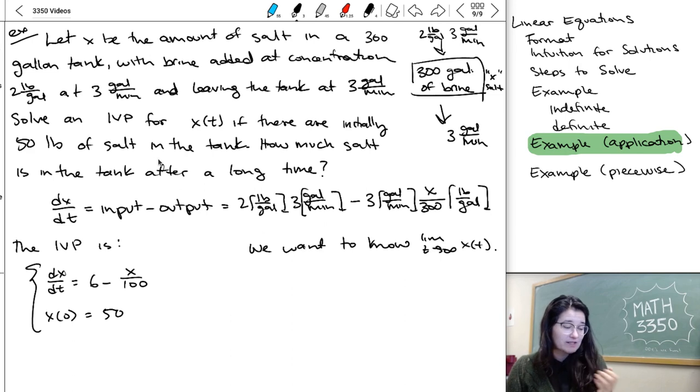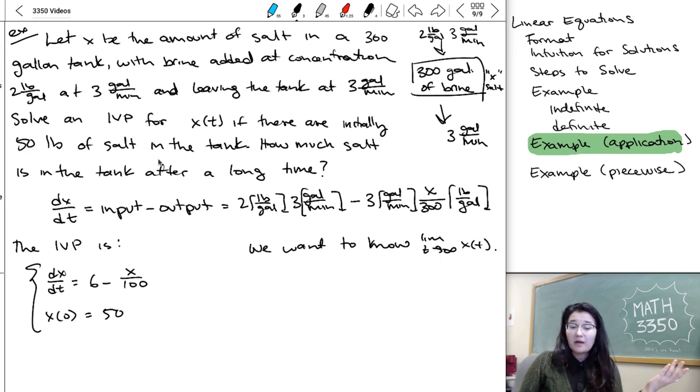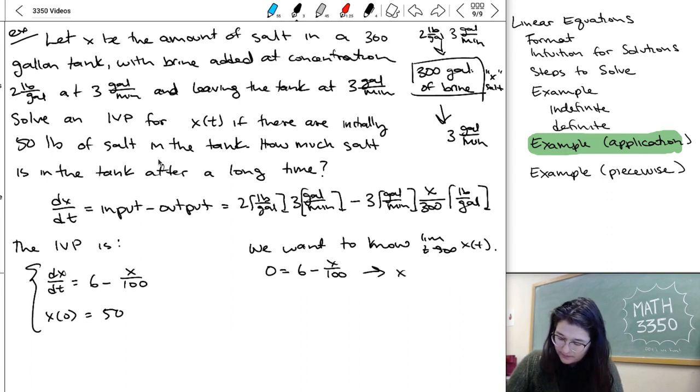Similar to when we did that cooling cake problem, we can find the solution and then take a limit. Or we can think about equilibria. So the differential equation, if we set it equal to 0, is 0 equals 6 minus x over 100, which means x star equal to 600 pounds of salt is an equilibrium value.